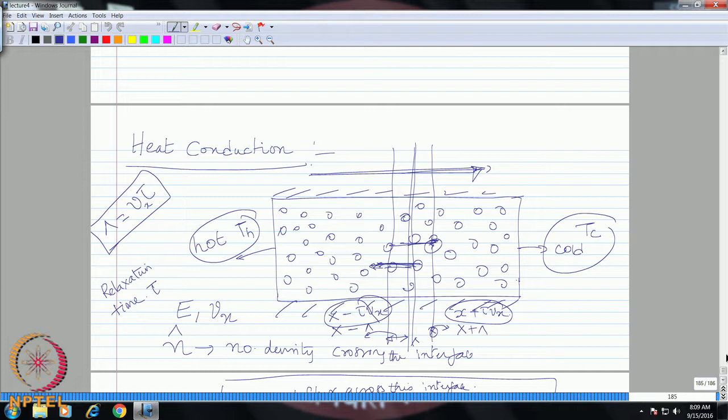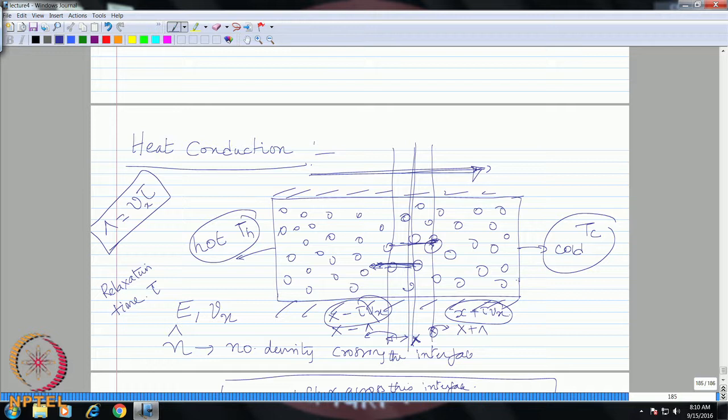So, we considered a system or a box whose one end of the box is at a higher temperature Th and the other end is at a colder temperature, and we considered the system of gas molecules, an ideal gas, and to apply the kinetic theory we considered an interface somewhere inside the system at a location of what we call x.